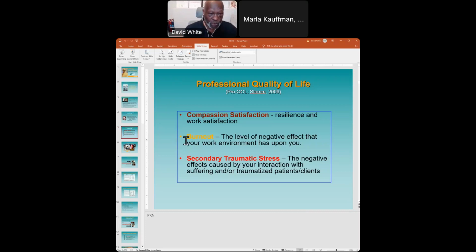Burnout talks about the level of negative effect that the work environment has on you, whereas the secondary traumatic stress scale looks at the negative effects caused by actually doing the work. So it's the interaction between you and whoever you're working with, and what's the level of suffering or traumatization that you receive from working with those individuals.